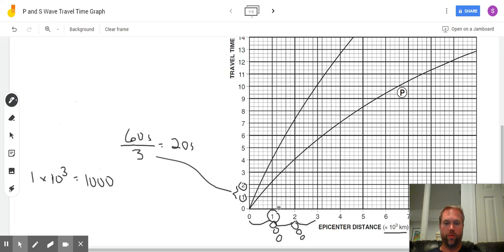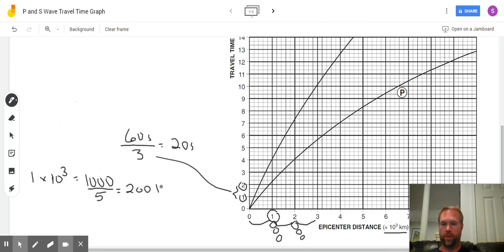But it's 5 spaces. So that change of 1,000 kilometers being broken up into 5 spaces, well, to figure out how much each of those smaller spaces is equal to, we're going to divide 1,000 by 5. And that's equal to 200 kilometers.